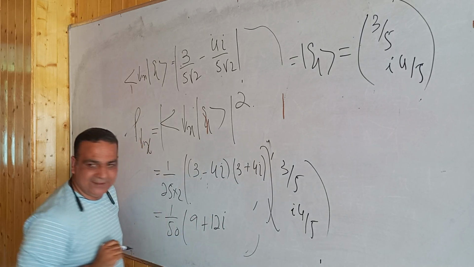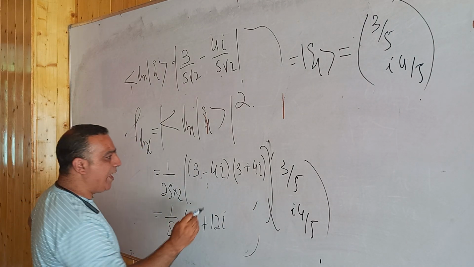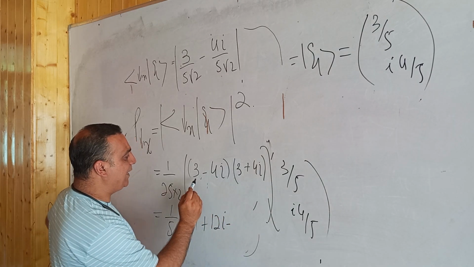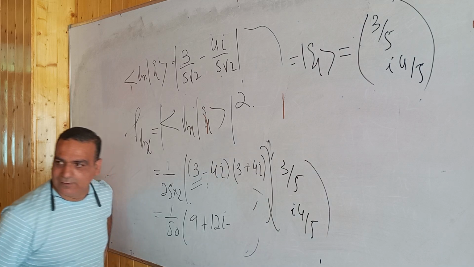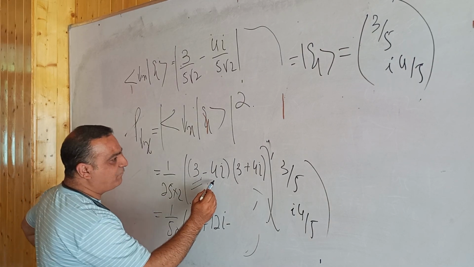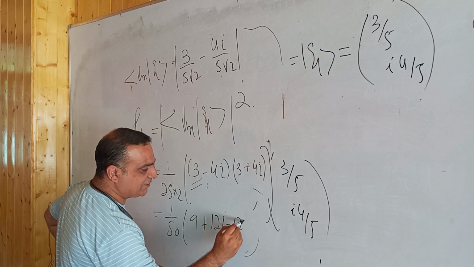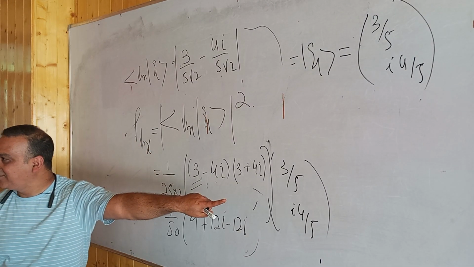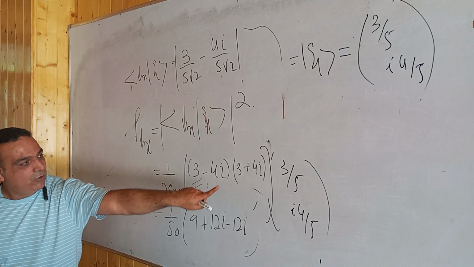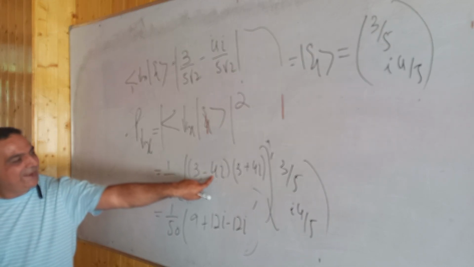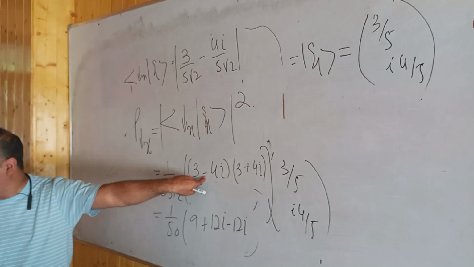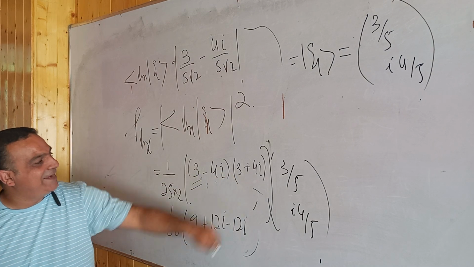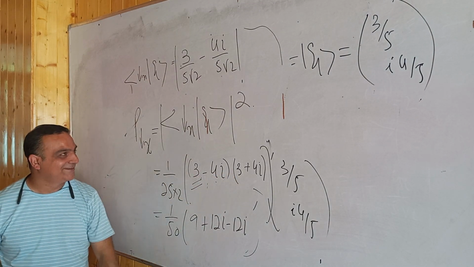This is 12i. Anything wrong with it? Then you have minus. I am multiplying this 3 with 4. Then 4 3s are 12. This is 12i. Now 4 4s are 16. But the sign outside is minus. So iota square is minus, so it will make it plus.